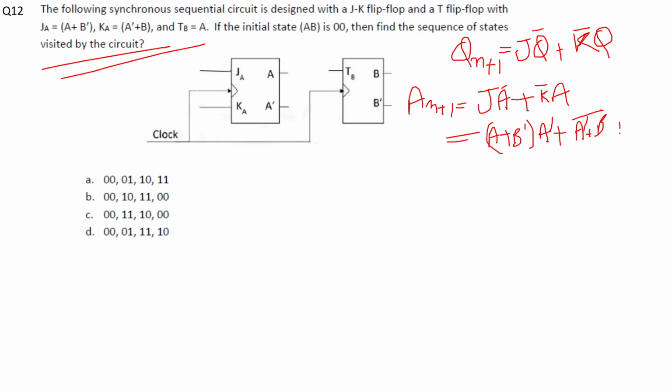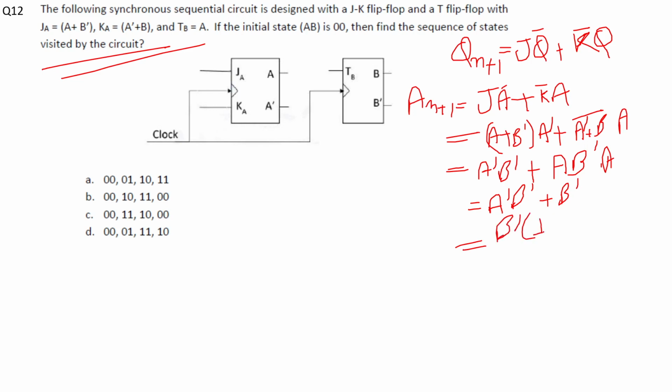A and A bar is 0, so it's A bar B bar, plus, using De Morgan's law, A B bar dot A. Finally the expression reduces to A bar B bar plus B bar A. Taking B bar common, it's B bar times 1 plus A bar. So ultimately this is equal to B bar.